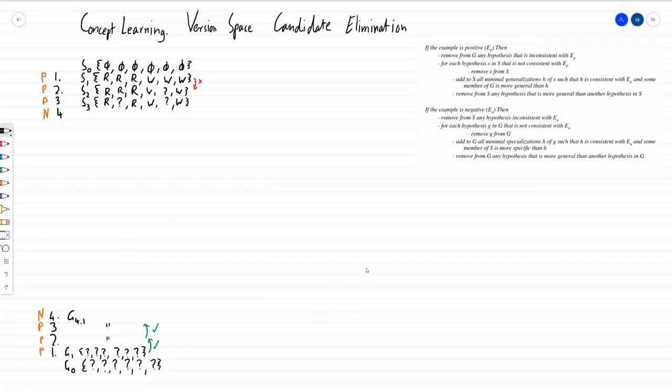A negative example here is red, pink, pink, pink, blue, blue. So we want to introduce a minimal specialization from our specific hypothesis into our general hypothesis, which will make sure that it doesn't match this case, because this is our negative case.